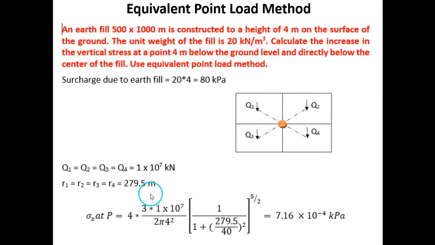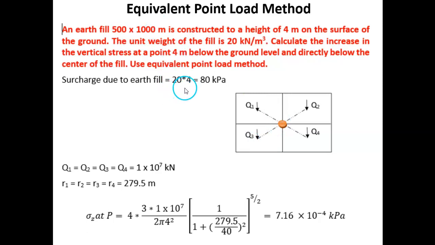So now what is the equivalent point load? If we divide this area into 4 equal rectangles, then the load that is coming on each part will be 1 into 10 to the power of 7 kilonewton. So how to find this value? Here UDL is 80 kilonewton per meter square and the area of the footing is 500 by 1000 meter.